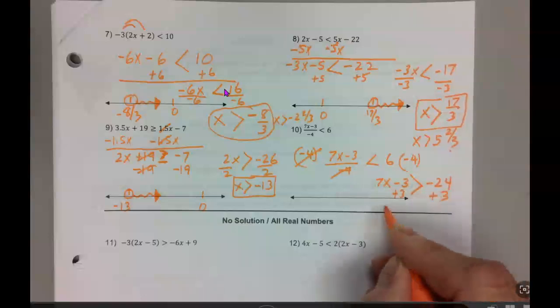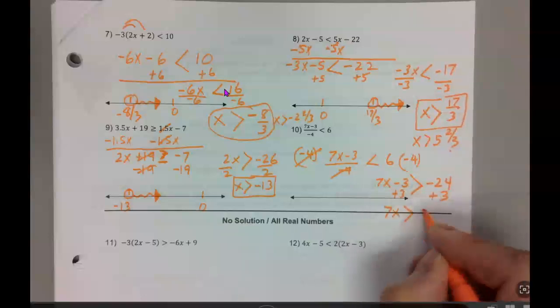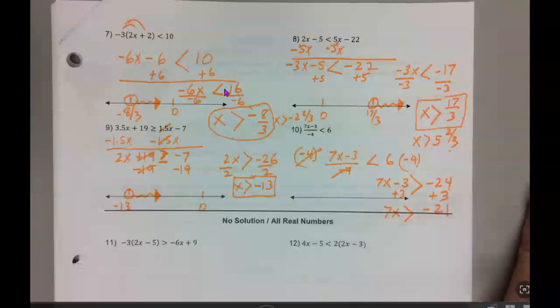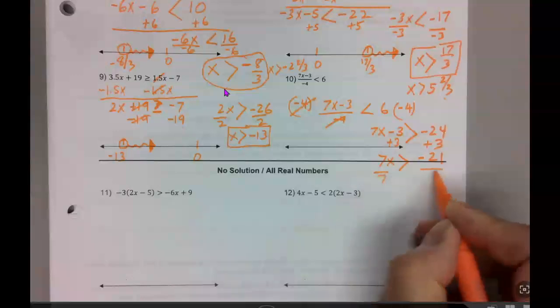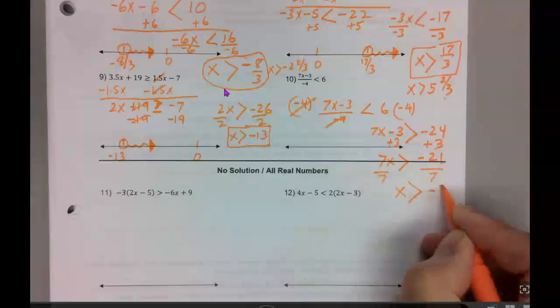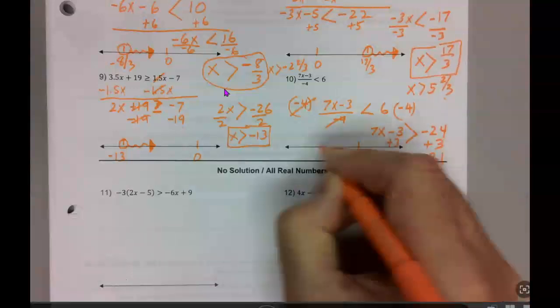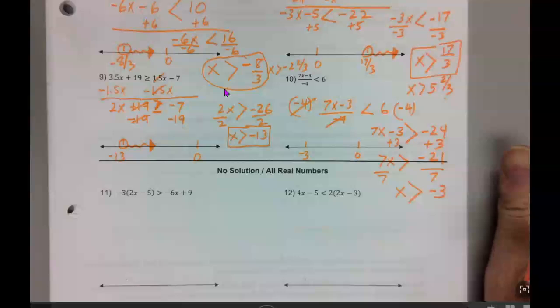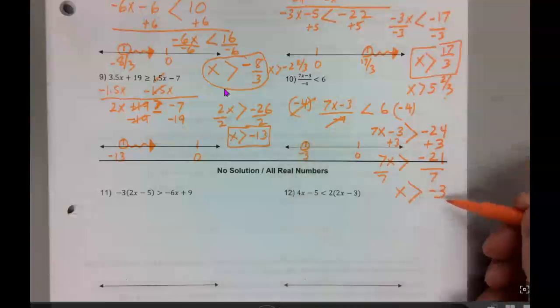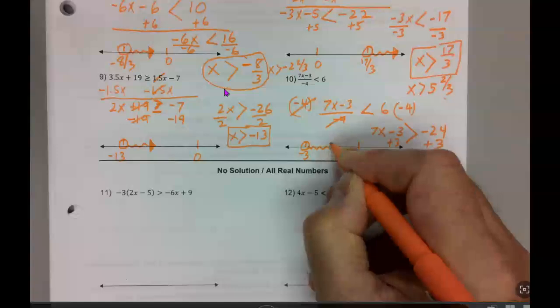So I have 7x is greater than -21. And then what am I going to do to both sides? Divide by 7. Good job. So x is greater than -3. So here's 0, here's -3. Open or closed circle? Open. And which way is the arrow going? Right or left? Right. And there you go.